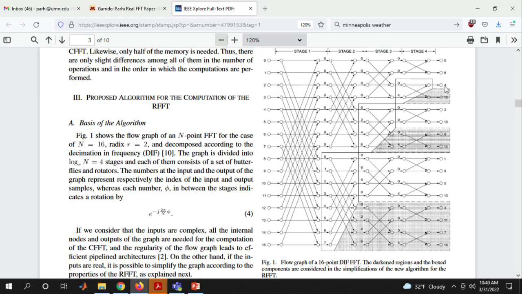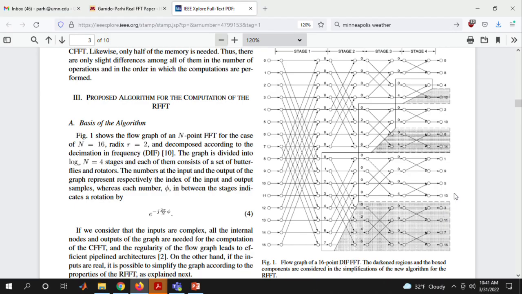And 4 is conjugate of 12. 2 and 10 are conjugates of 16 minus 2, 14 and 16 minus 10, 6. And 1, 9, 5 and 13 are conjugates of 15, 16 minus 9, 7, 16 minus 5, 11, 16 minus 13, 3.